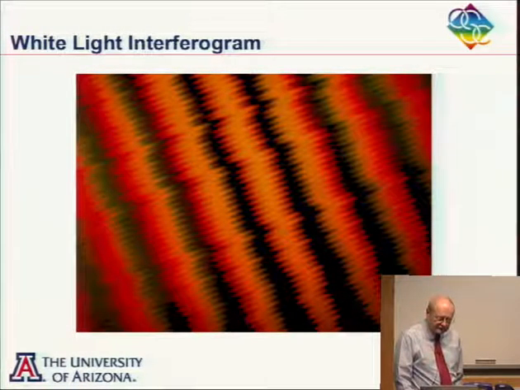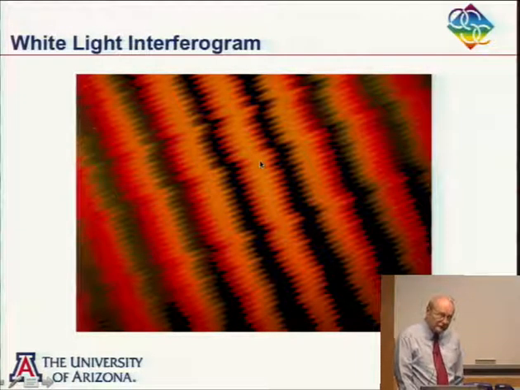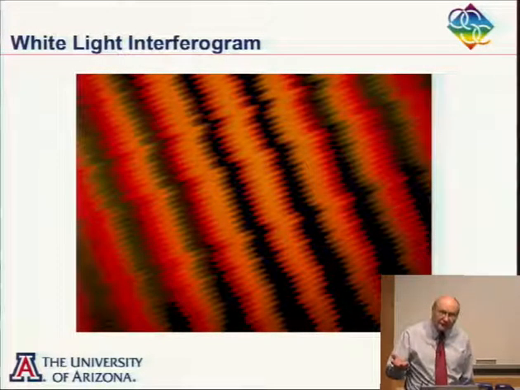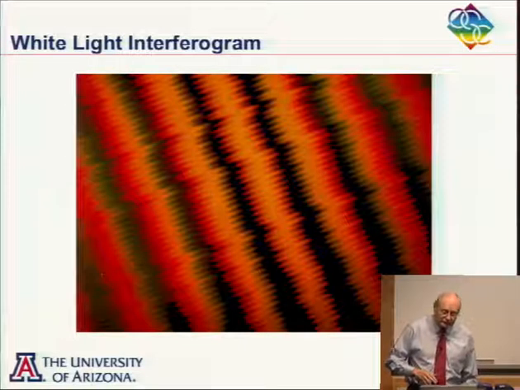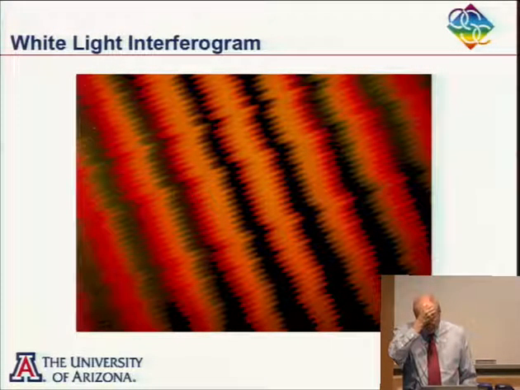So in this case, well, I'll say in general, the center fringe, where the paths are matched, may be a bright fringe or it may be a dark fringe, depending on your configuration and the phase change on reflection.